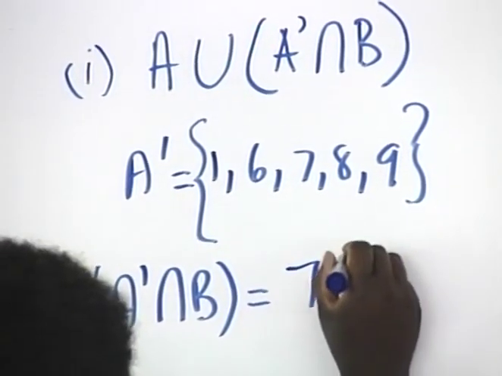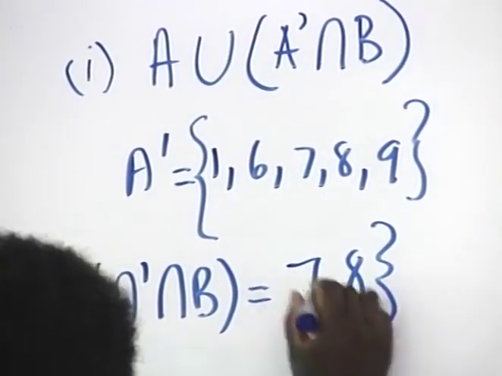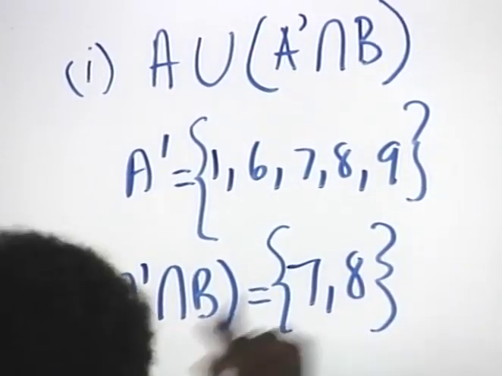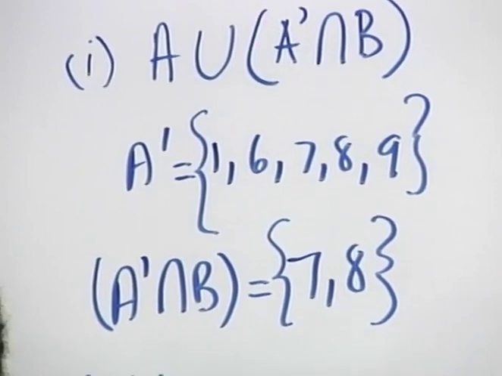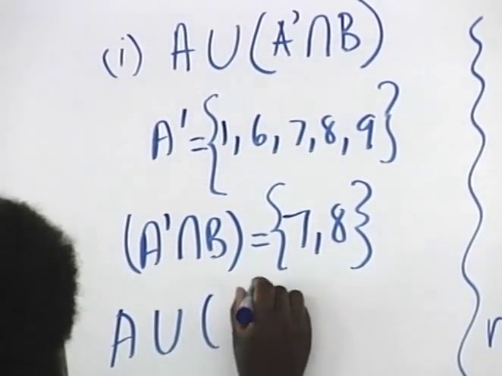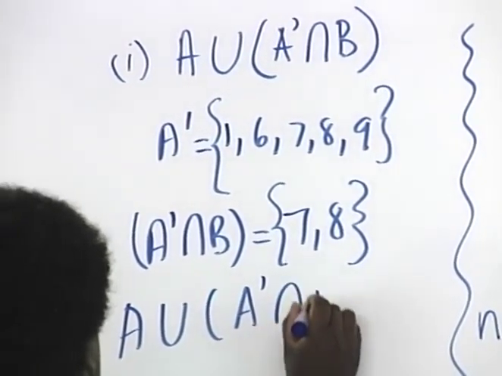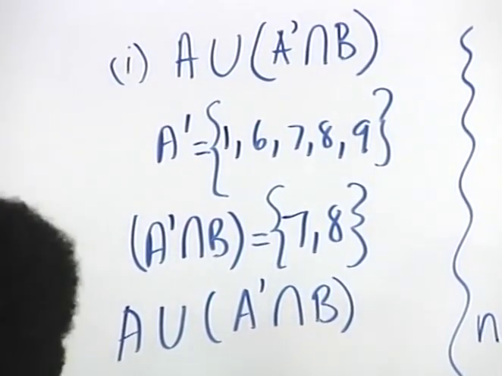All right, so 7 and 8. Now, from this we have to work out A union the complement of A intersection B.